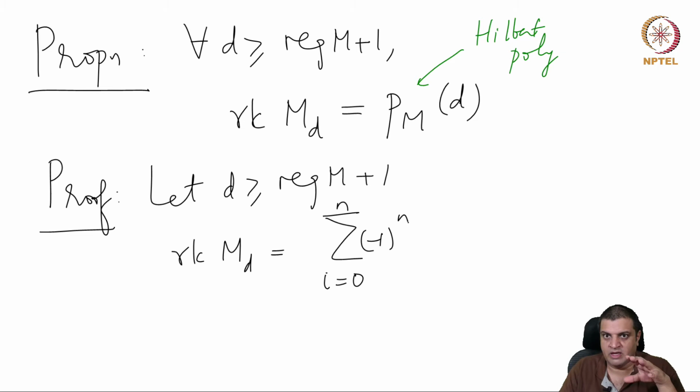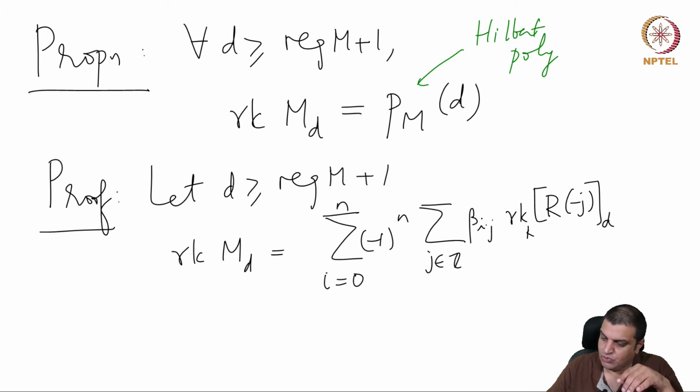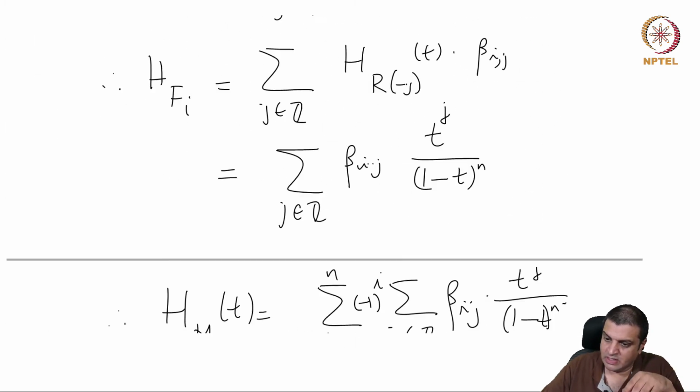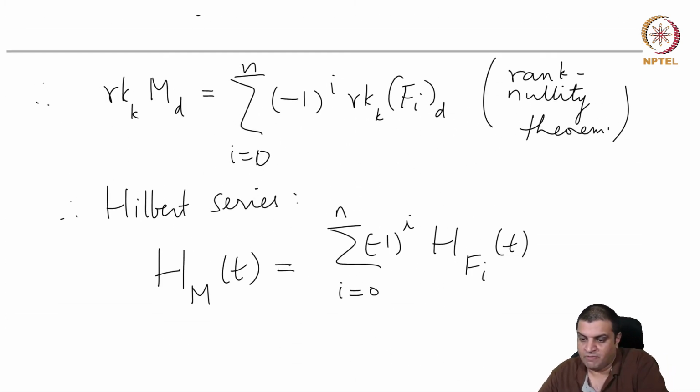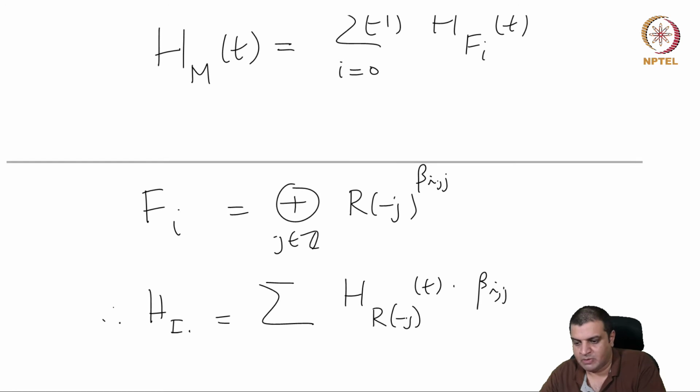Now we are worried about F_i. So there is a sum over j in Z of beta_ij times the rank over k of R(-j) in degree d. Notice that we want the rank of F_i in degree d, but F_i in degree d is this module in degree d, so the ranks just add up, since it is a direct sum. So it is just beta_ij times the rank of this in degree d. That's all that we have written here.